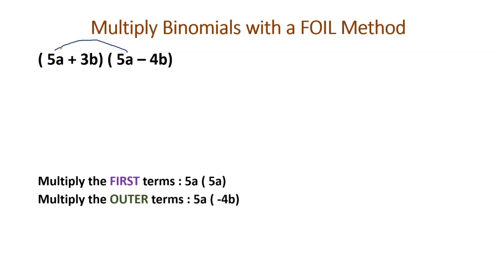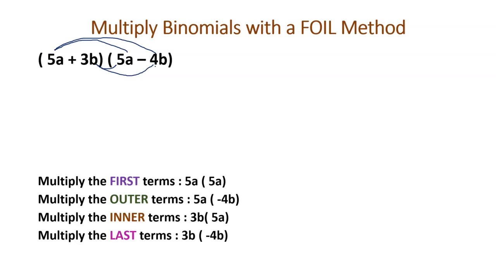Let's multiply our outer terms, 5a times negative 4b, which will give me negative 20ab. Let's multiply the inner terms, 3b times 5a, which is 15ba, or you can write 15ab. Either way should be okay.